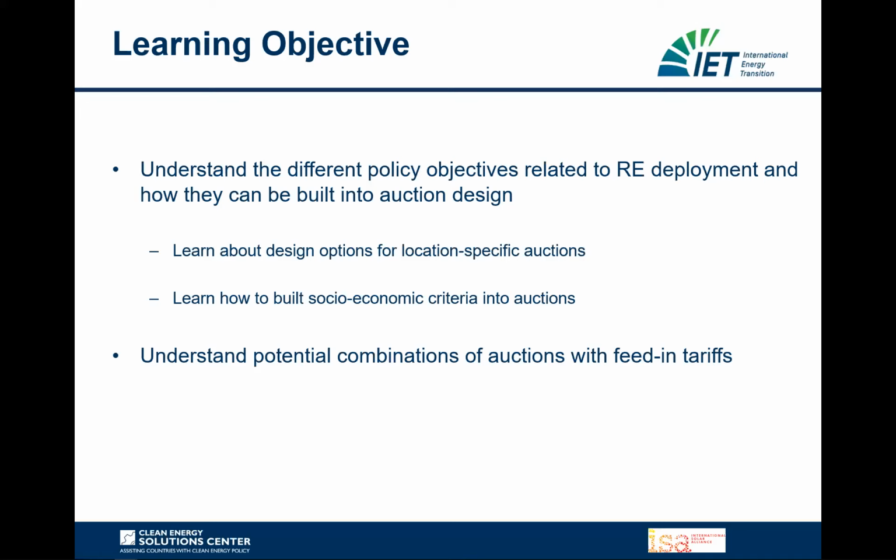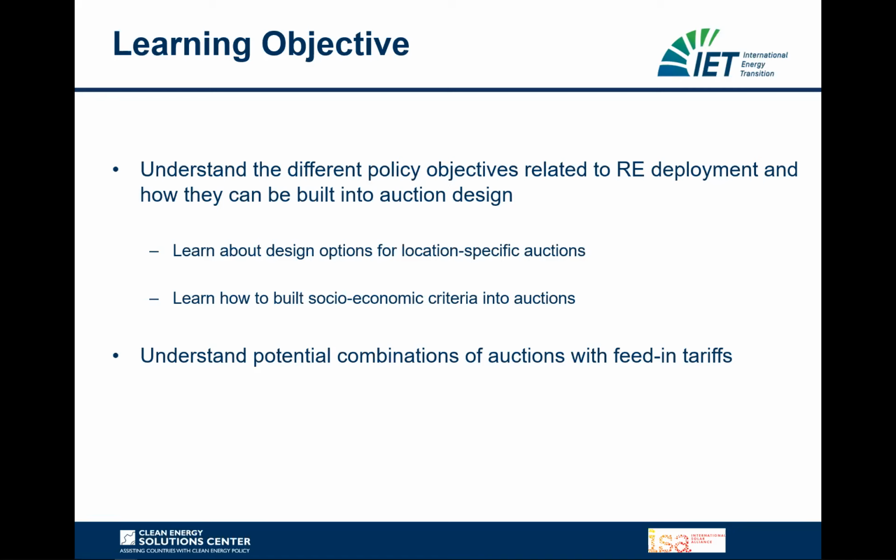And we're primarily dealing with two types of renewable energy objectives. One of them is location-specific deployment of renewables, so location-specific auctions, because in many countries around the world we already see some grid constraints, so it no longer makes sense to build solar PV anywhere around the country, but you actually want to steer project developers to an area where you still have available grid capacity to avoid curtailment of renewable energies and to also reduce grid expansion costs.